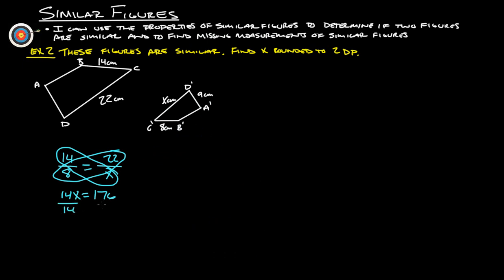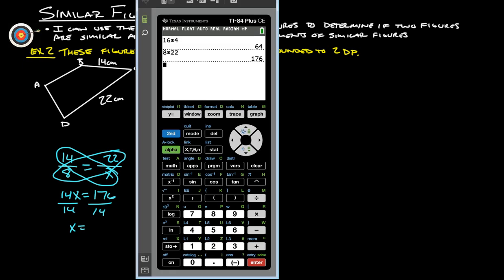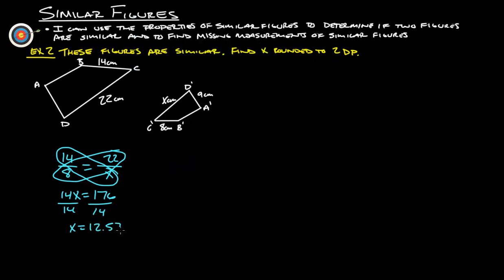So divide both sides by 14, and we get that x equals 176 divided by 14, and we get 12.57. It says to 2 decimal places, so there's a second decimal place. The 1 tells the 7 to stay the same, so 12.57 is what x is going to equal. And since there's actually labels on there, let's put our labels on here, centimeters.